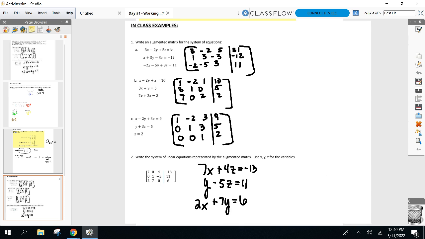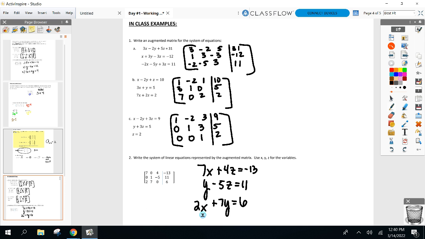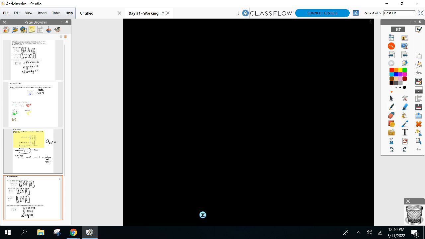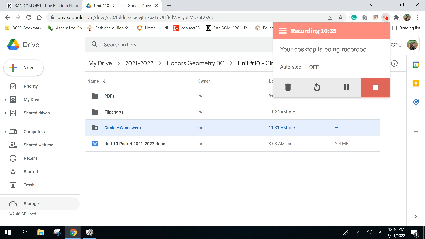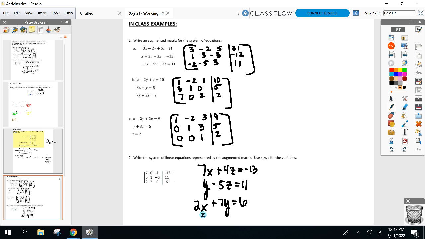You guys are on your own. Try some of these out on your own, and I'll reveal the answers here in a second. Answers to that first page up here.